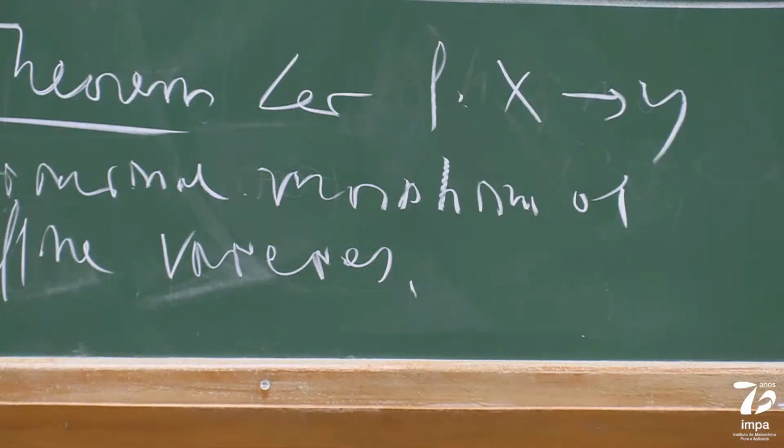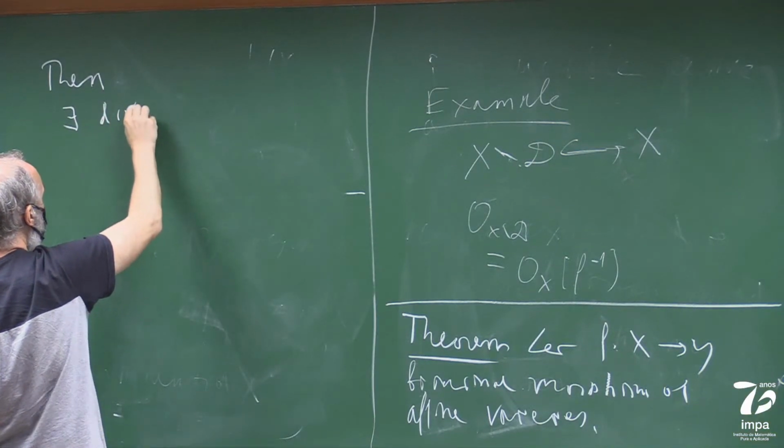So in particular, the corresponding rings are finitely generated. If they are not, then what I'm saying won't be true. But these are varieties. So then there exists a principal divisor.